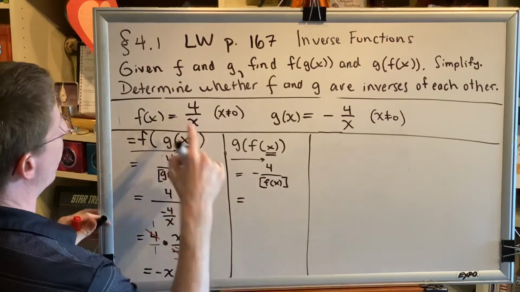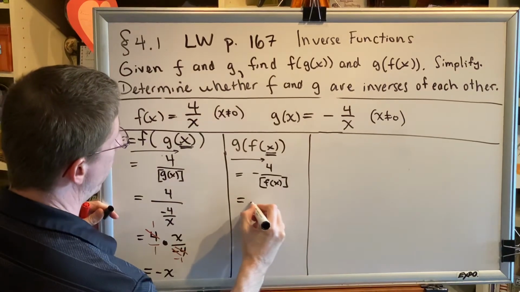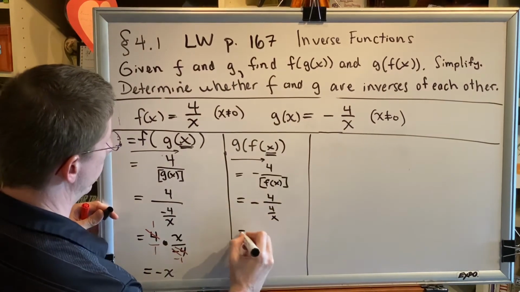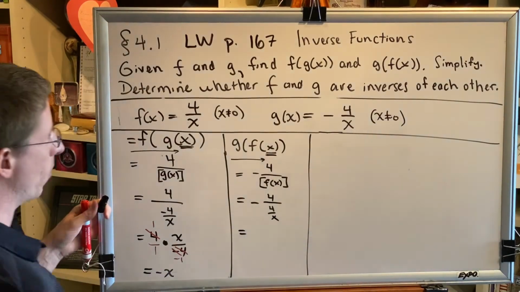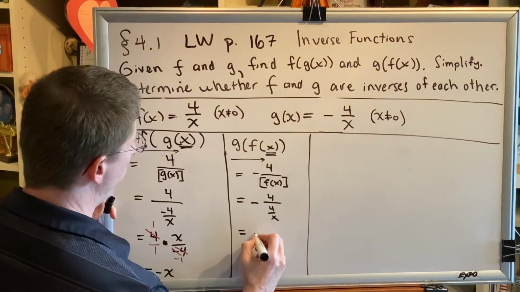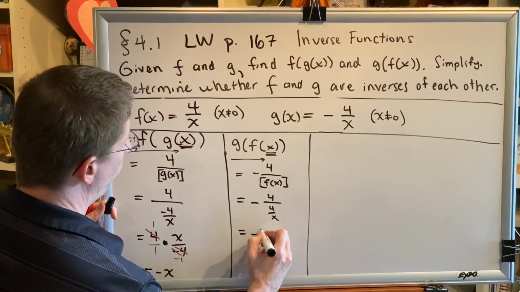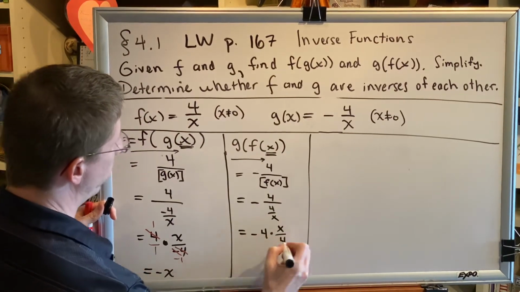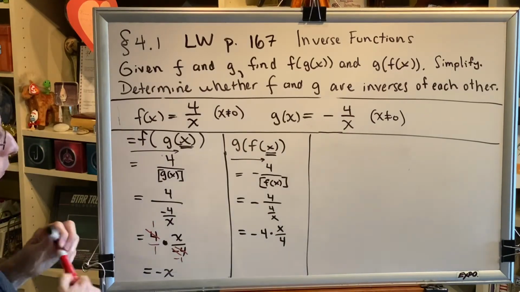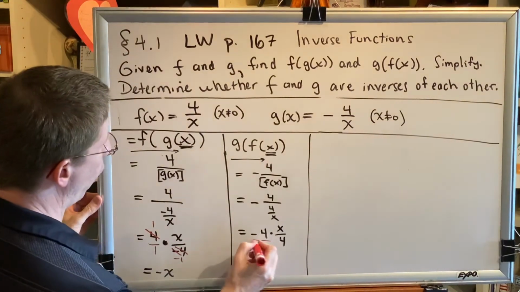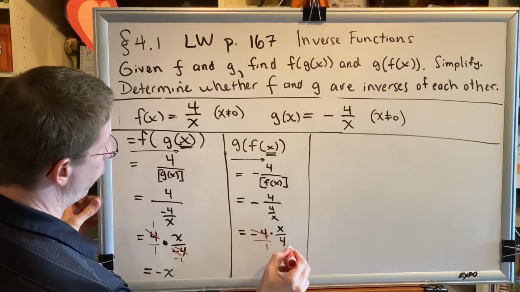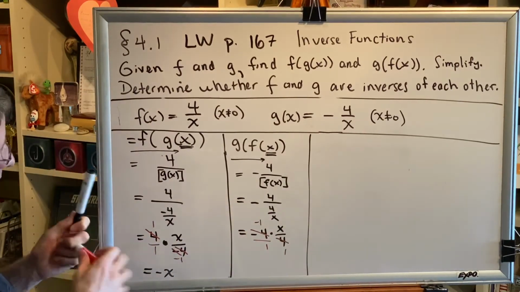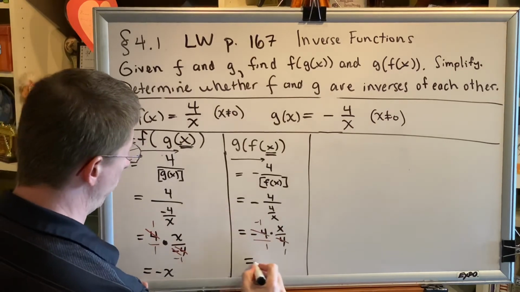F of x for this problem is 4 over x, so we get negative 4 over 4 over x. We'll keep, change, flip just like we did a moment ago. So we have negative 4 times x over 4. Negative 4 can be written as negative 4 over 1. Negative 4 divided by 4 is the same as negative 1 over 1. And so I get negative x over 1, which is negative x.